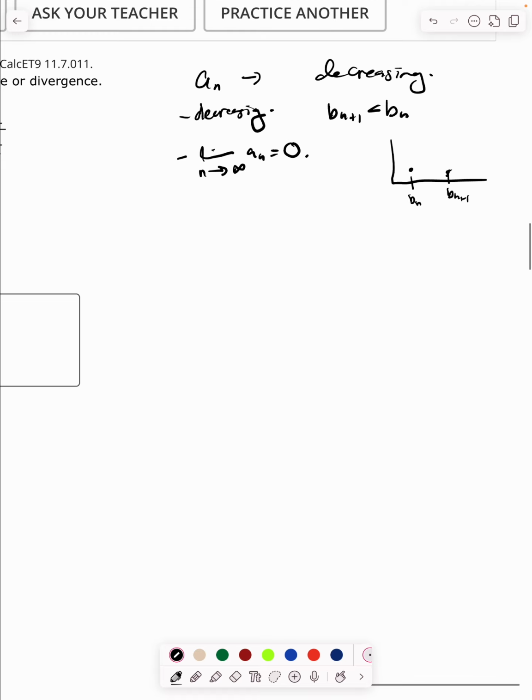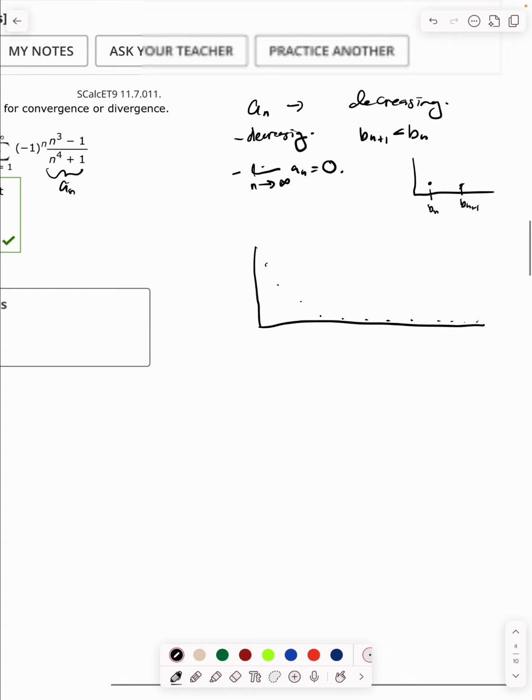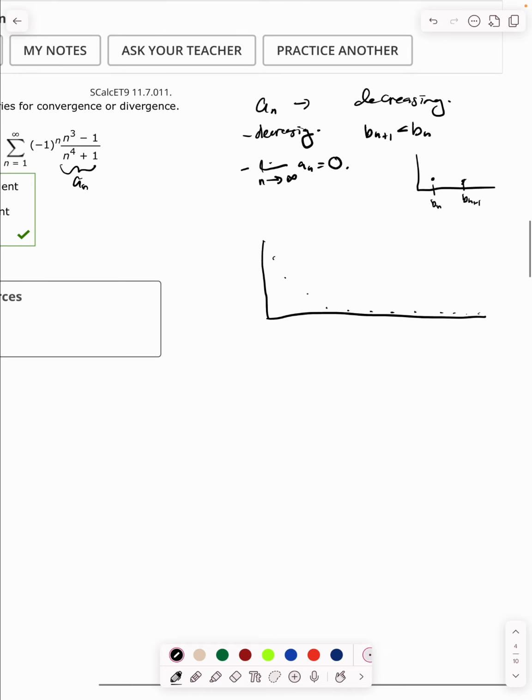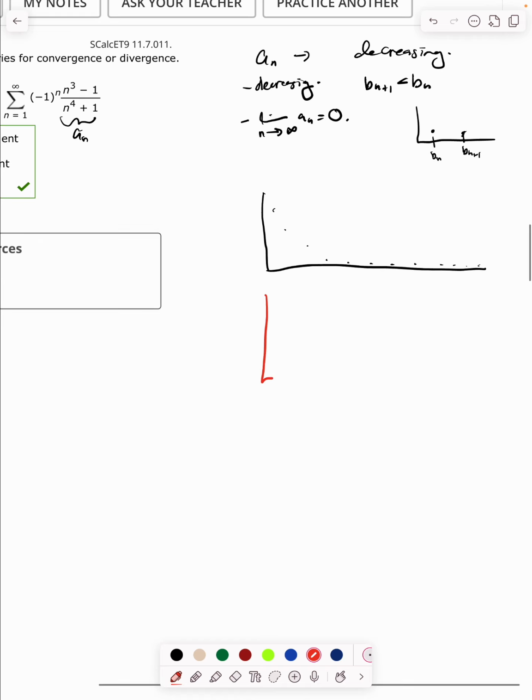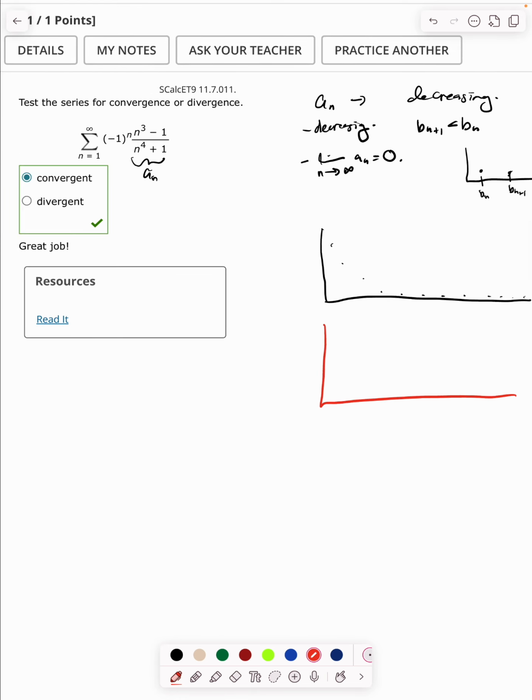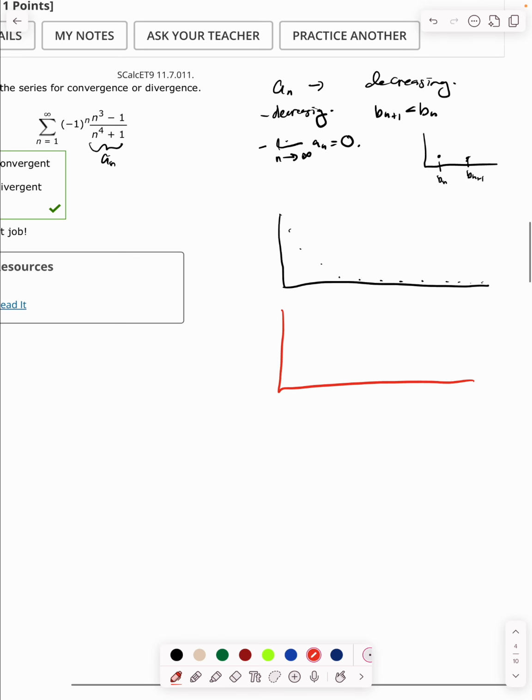And what does this look like? If we take just B of n and try to plot it, we're checking for this condition. We want it to go to 0. If we can check that B of n goes to 0, then we bring back this alternating negative piece: one positive here, one negative here, positive, negative, and so on.